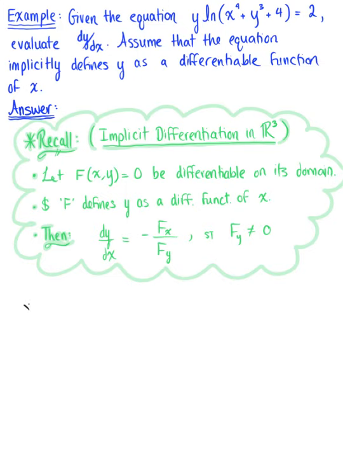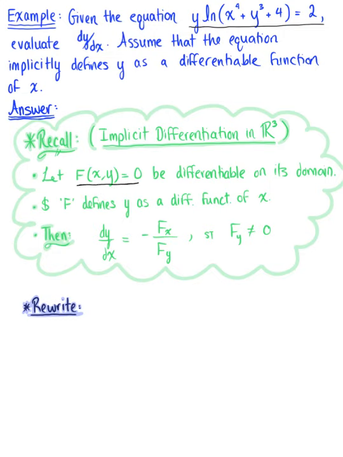So let's simply start here by rewriting the given function. We are given y times the natural logarithm of x to the fourth plus y cubed plus 4 equals 2. But we want to set this equal to 0 for simplicity.